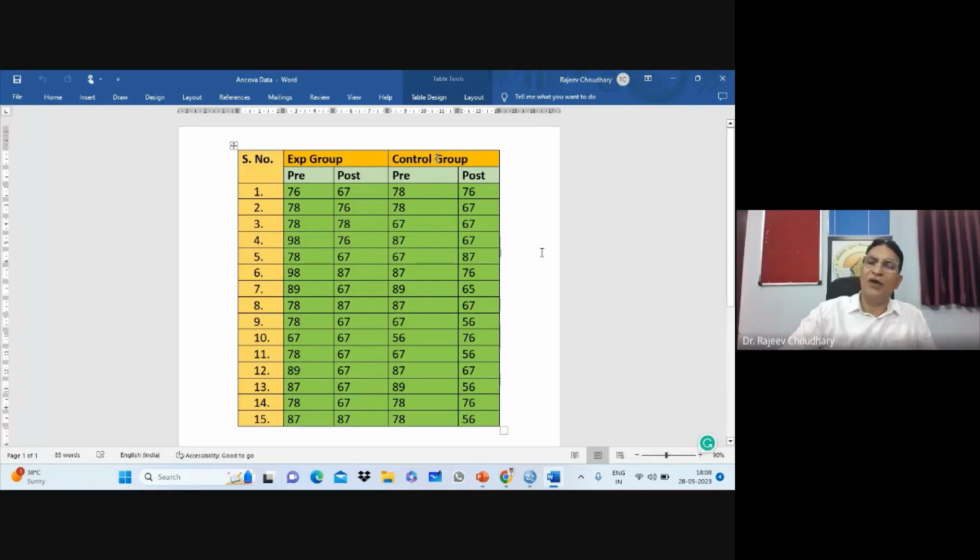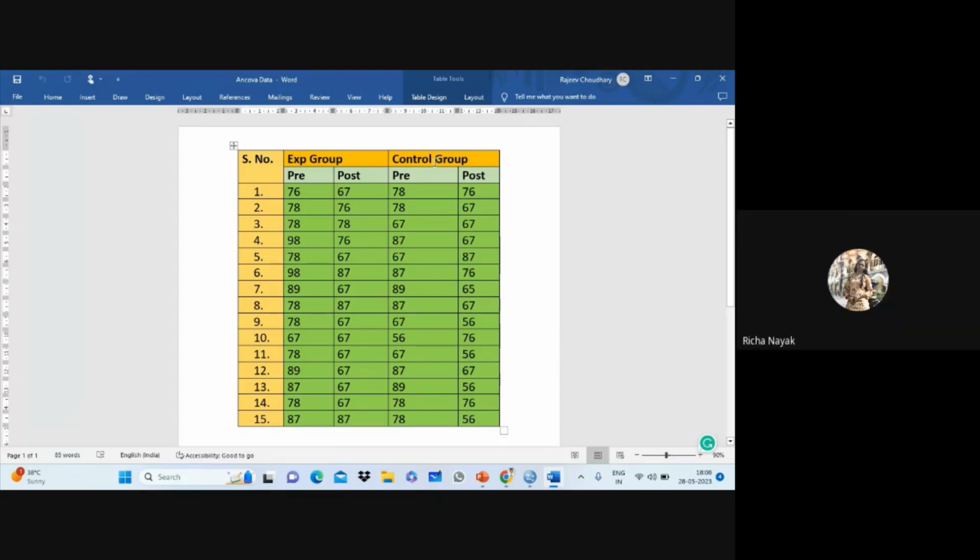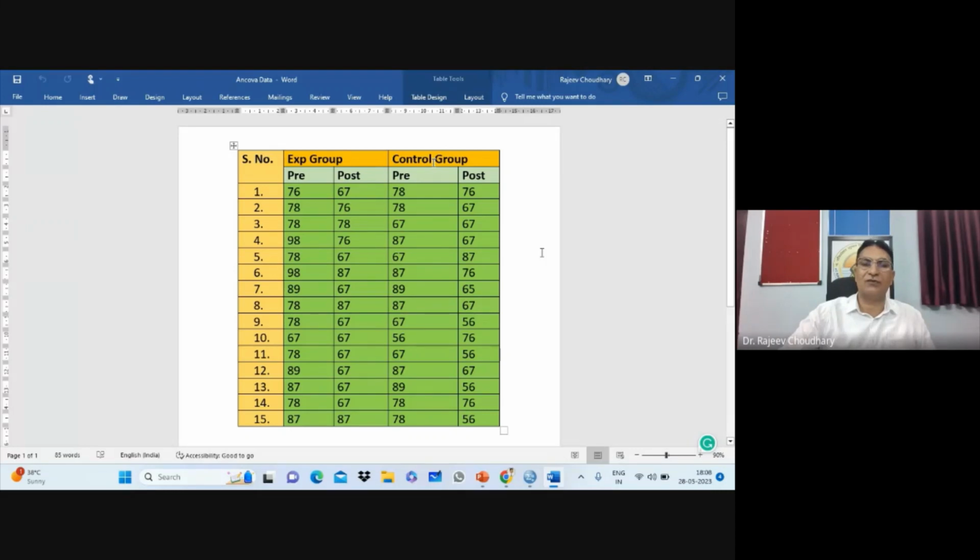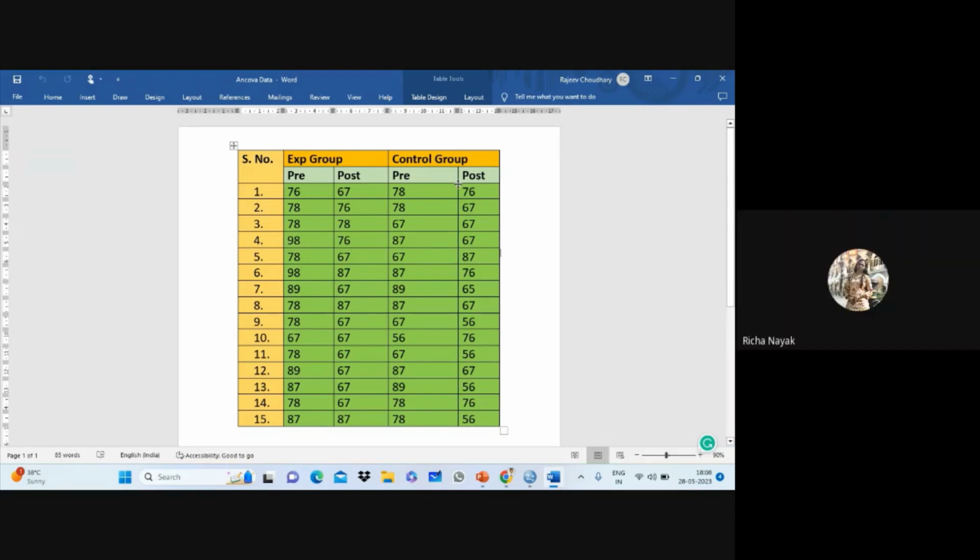And how many observations we are having? 4 observations. Pre of experimental, post of experimental, pre of control, post of control. Is it okay? Yes, sir.